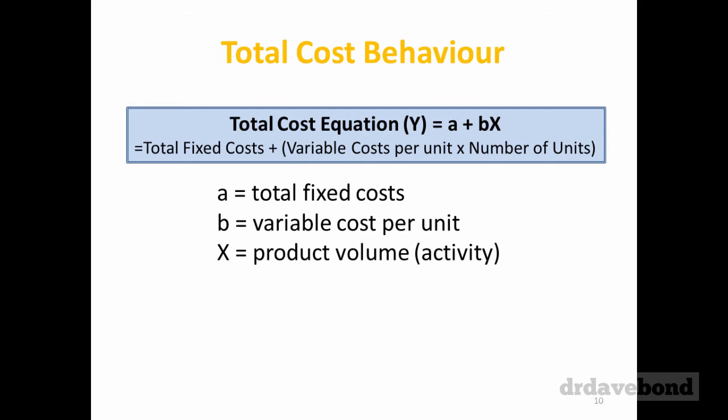I'm just writing it out. So the total cost for whatever the thing we're dealing with is separated out into the total fixed cost plus the variable cost per unit times quantity. So we have 3 pieces of information now that we need to know.